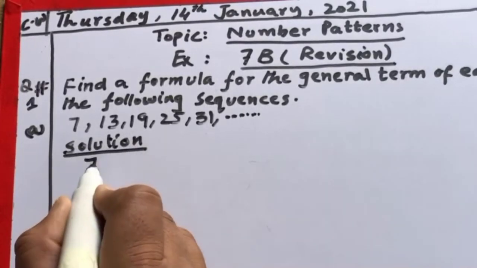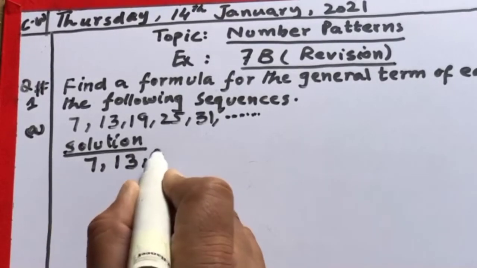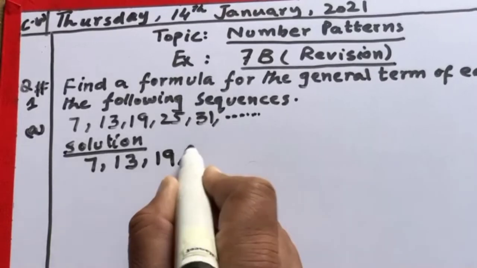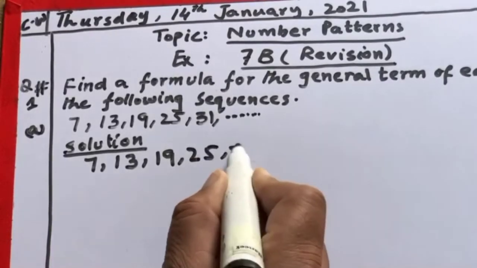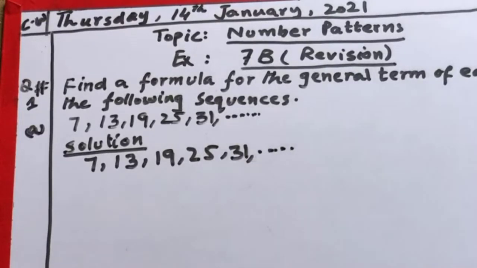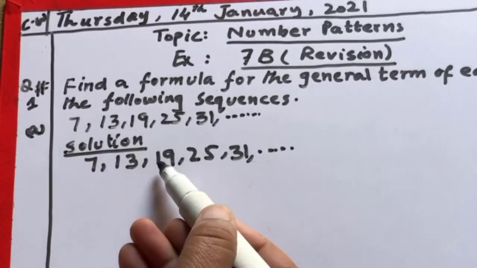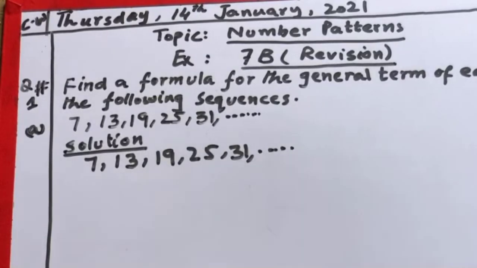So in solution, we will write the number sequence once again, which is 7, 13, 19, 25, 31 and so on. If we observe the number sequence, the first term is 7, second is 13, and the third one is 19 and 25 and 31.